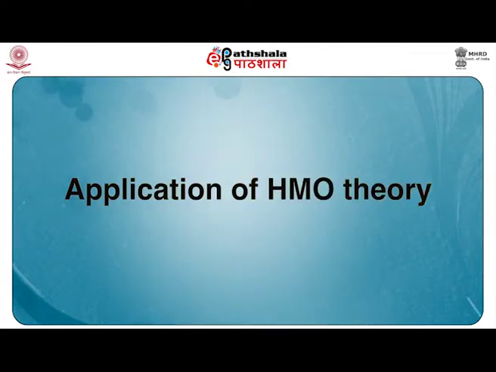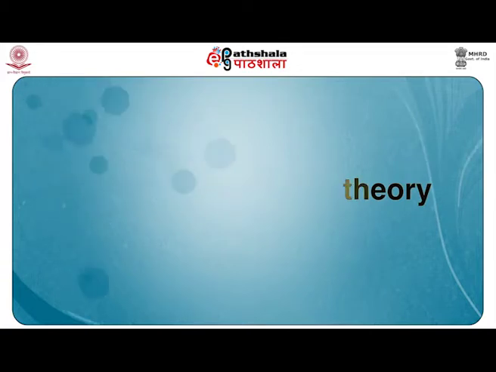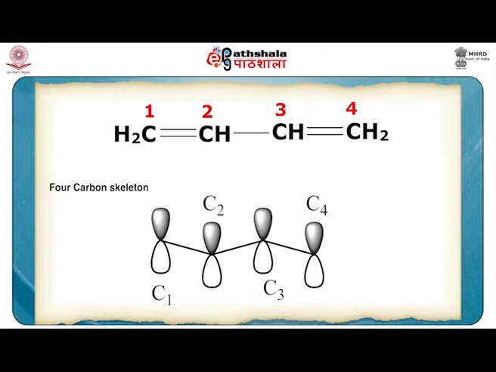Now we will consider the application of Huckel molecular orbital theory to butadiene, or 1,3-butadiene. You can see how the structure of butadiene looks. We are assuming it to be a linear molecule, and we are labeling it the way it is shown.